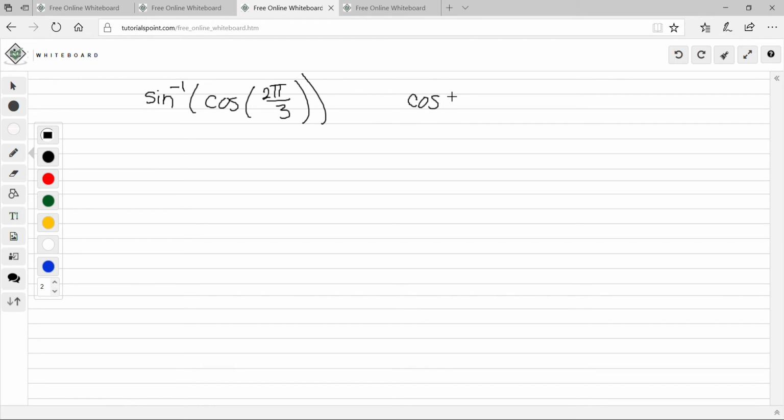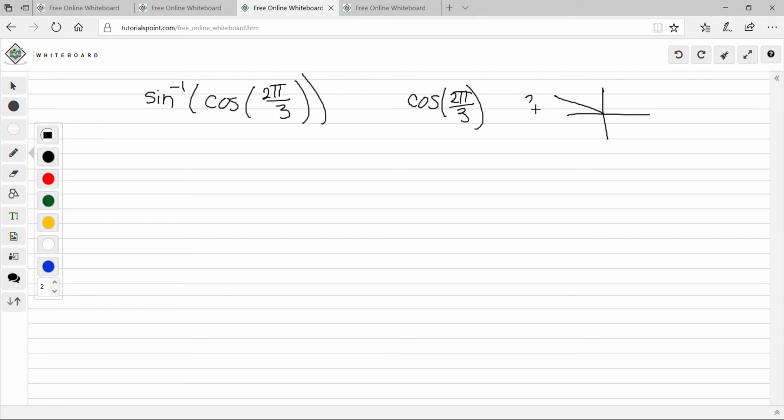What is the cosine of 2 pi over 3? If you don't know, you can always draw the graph, right? 2 pi over 3 is right here. Cosine of 2 pi over 3 is negative 1/2.